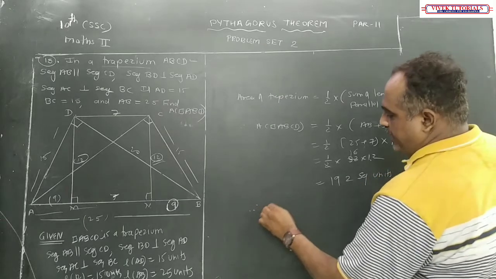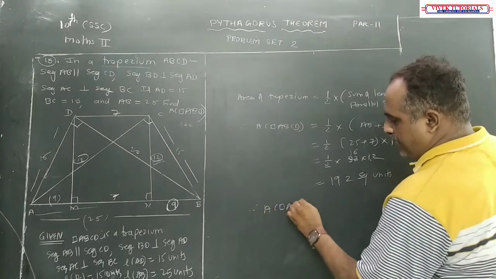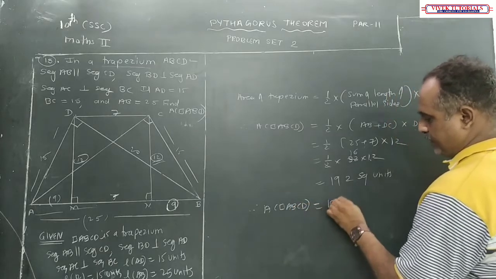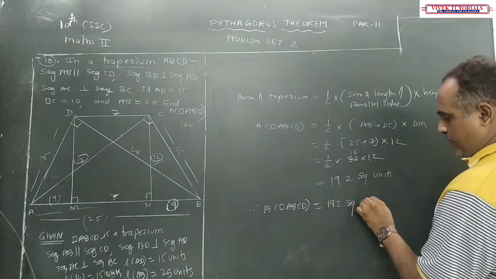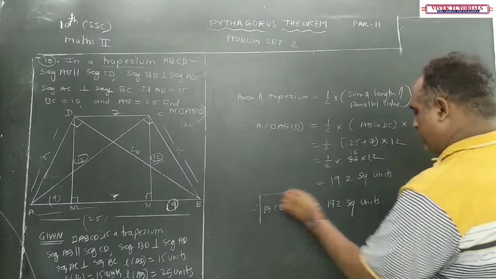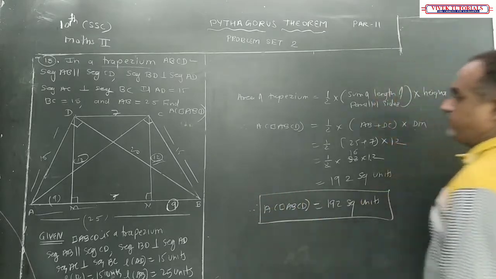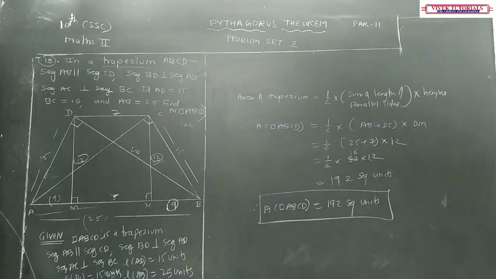So, your final answer is area of quadrilateral ABCD is equal to 192 square units. You put it in the box. This is your final answer. Okay? Copy it down properly.